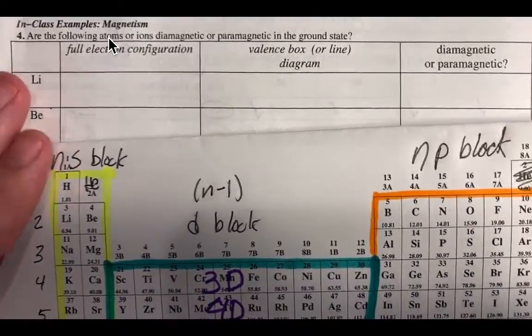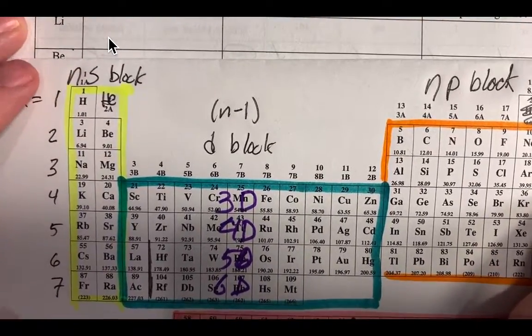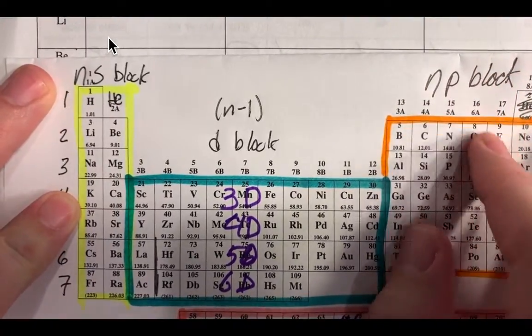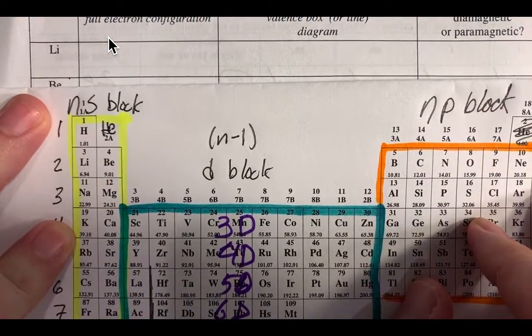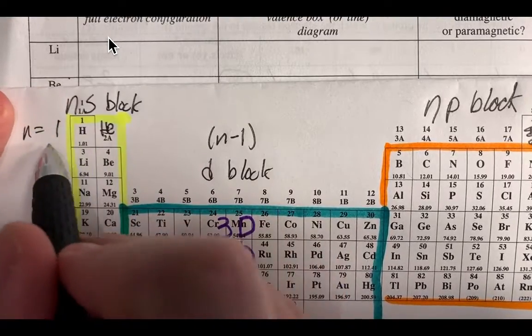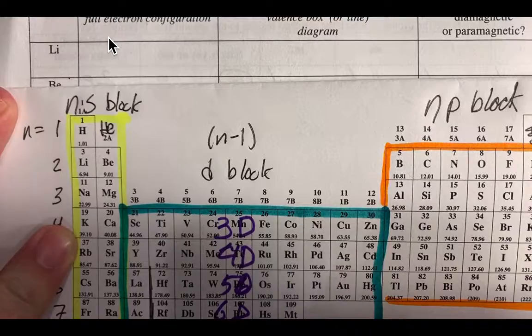What we do is start at hydrogen and basically grow until we get to whatever our atom of interest is. Our atom of interest in this first one is lithium. I start at hydrogen, and to get to lithium, I have to go 2 steps into the 1s block. That's 1s2.